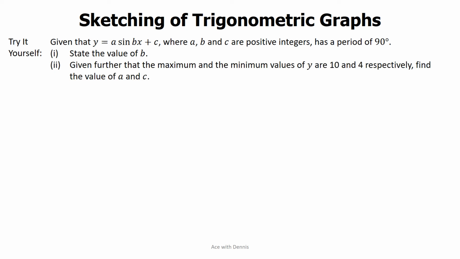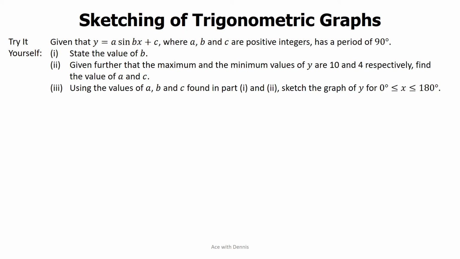Number 2, given further that the maximum and the minimum values of y are 10 and 4 respectively, find the values of a and c. Number 3, using the values of a, b, and c that you have found in part 1 and part 2, sketch the graph of y for the range of x from 0 degrees to 180 degrees. Okay, you can pause the video and try to do it yourself.